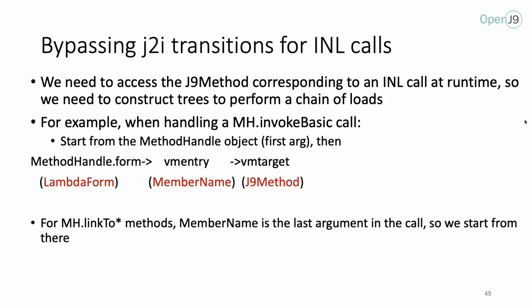From that, we can obtain MethodHandle.form, which is the LambdaForm object. From LambdaForm, we can get the VM entry. So LambdaForm.vmentry is the member name. And from the member name, we can get the J9Method, which is the vmtarget field. For MethodHandle.linkTo methods, we already have the member name as the last argument of the call, so we just start from there.